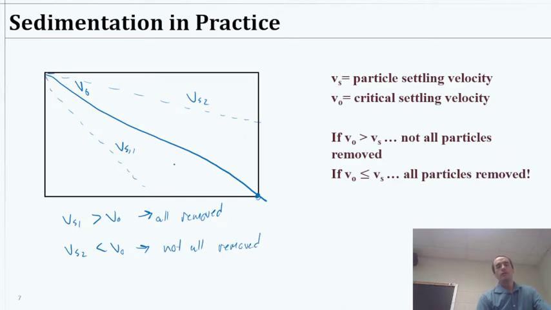But what's interesting is you can see that some of them probably are. In fact, this VS2 dropped some portion of the height.